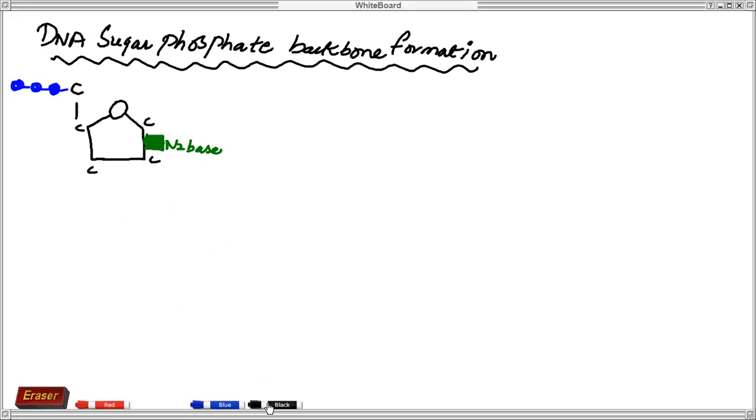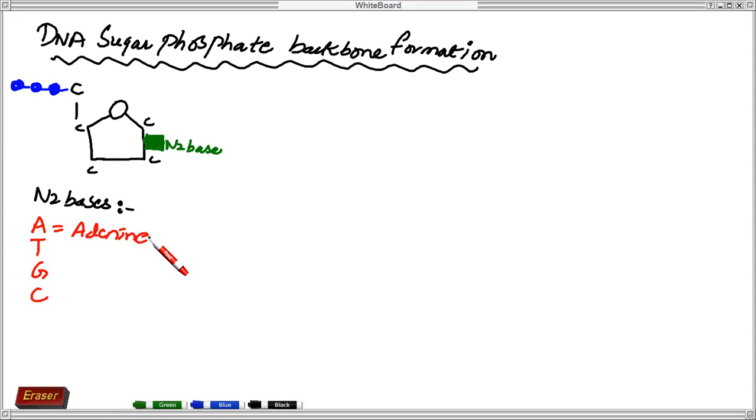Nitrogenous bases are basically adenine, thymine, guanine, and cytosine for DNA. So they attach one by one with each and every nucleotide.